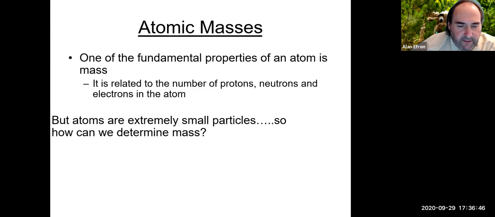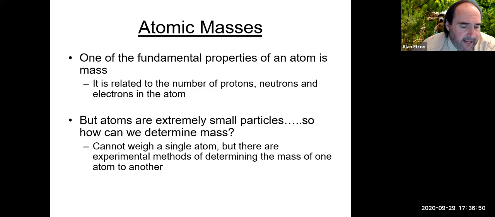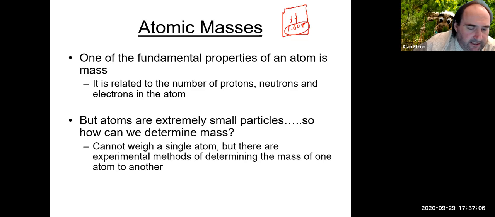So the first thing we're going to really talk about is the atomic mass of an element, and the atomic mass can be found on the periodic table. When you look on the periodic table, it is the number that we see on the bottom, actually. For example, hydrogen there is something like 1.008.